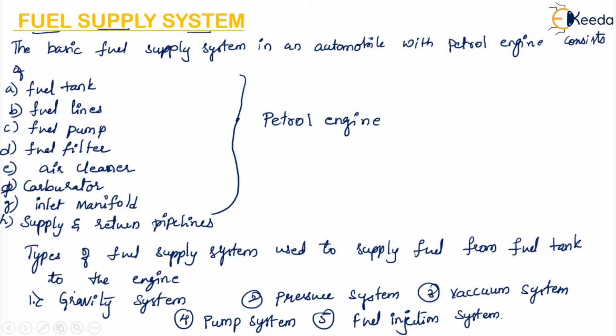So out of these 5 systems, first 4 systems make use of the carburetors, while in the fuel injection system, the carburetor has been dispensed altogether. So that means carburetor is not present in the fuel injection system.